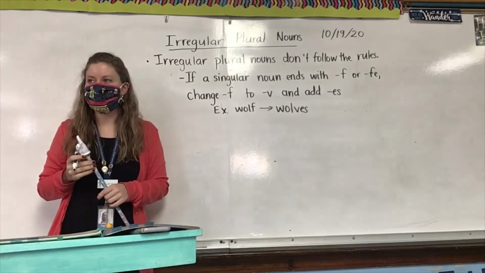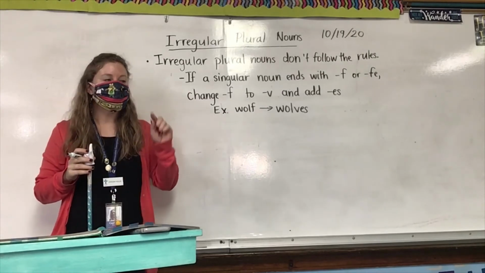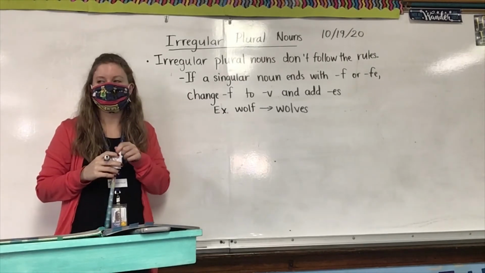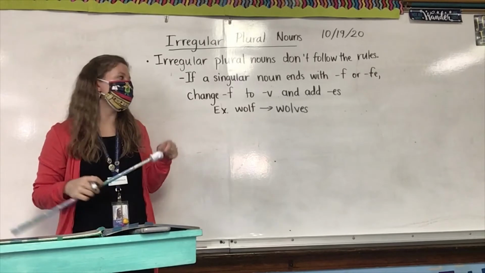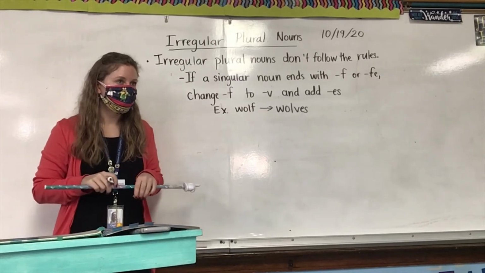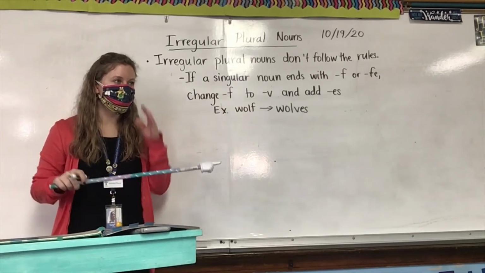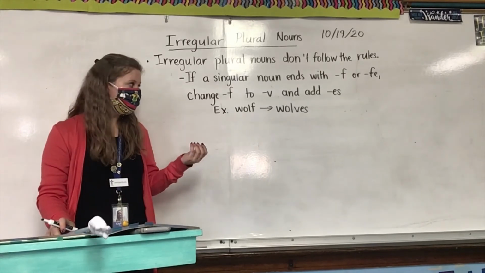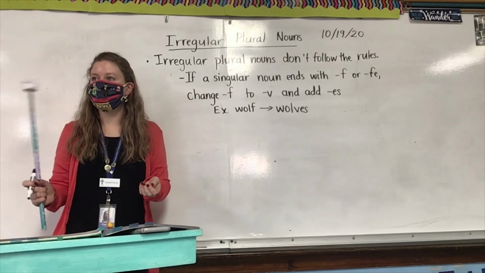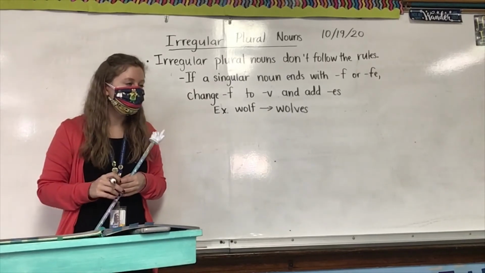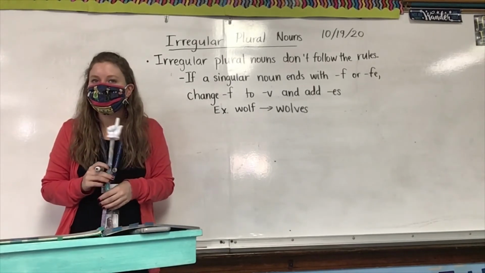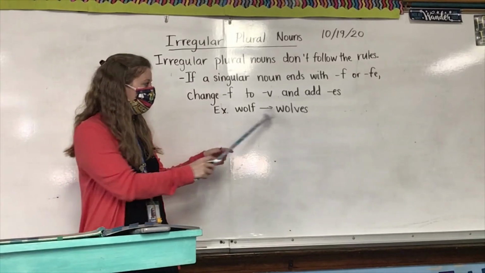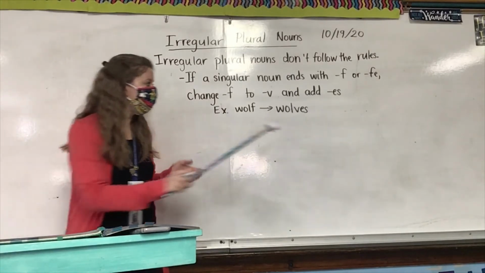Think about how that sounds. I saw one wolf while I was camping. If I said I saw 10 wolfs while I was camping, does that sound right? No. Because when we talk about the plural of wolf, we don't say wolfs, we say wolves. That's because the F becomes a V, and then you add ES.